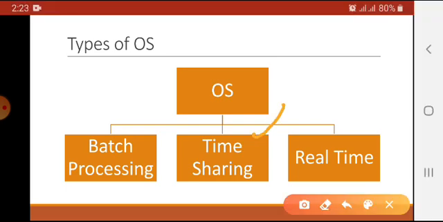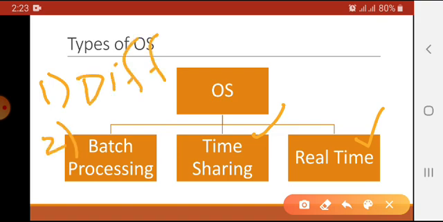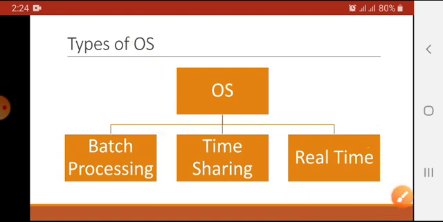And the second task, number one is the difference, and number two, you have to define batch processing operating system. If you are able to differentiate between time sharing and real time, it means you have got the concept very clearly, and you have to define batch processing operating system. After solving your assignment, please share your answers with me. That's all for today. Thank you.